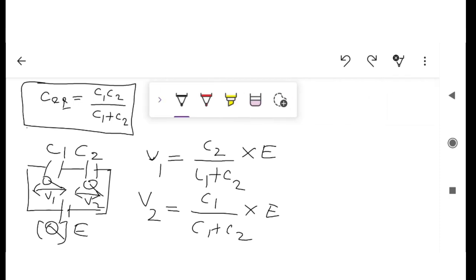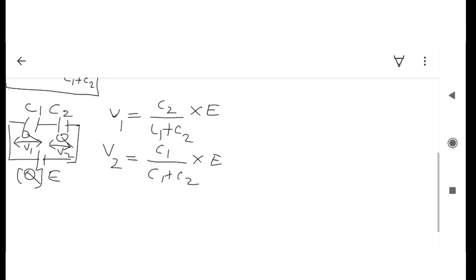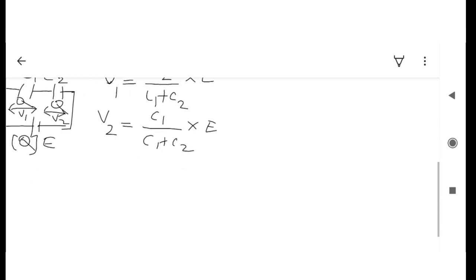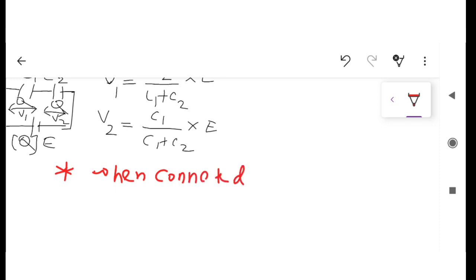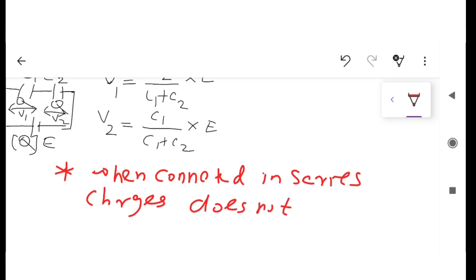The very important thing here is that when connected in series, the charge does not change; both capacitors have the same amount of charge between C1 and C2.